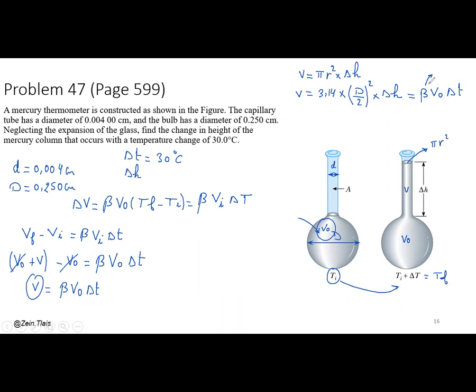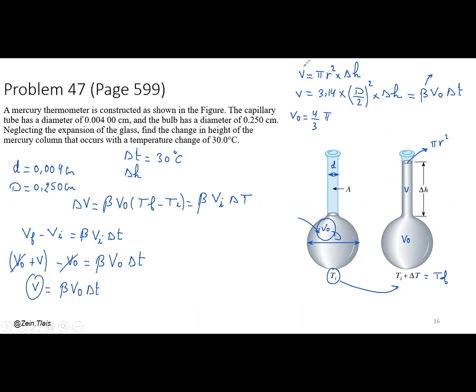Beta is the volume expansion. You know, in the case of a solid object, beta equals 3 alpha. But in the case of a gas or a liquid, I give you the value of beta. It's a given value. What is the value of V0? You know, we have a ball. V0 equals 4 divided by 3 pi times, here, be careful.